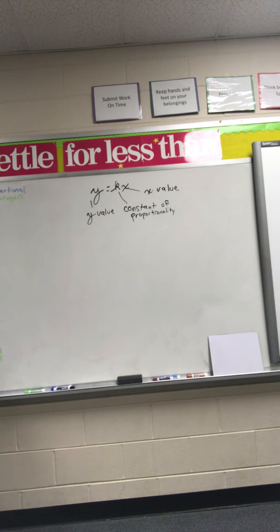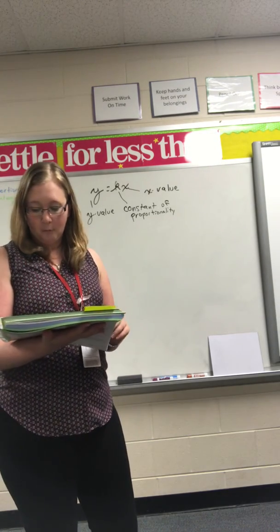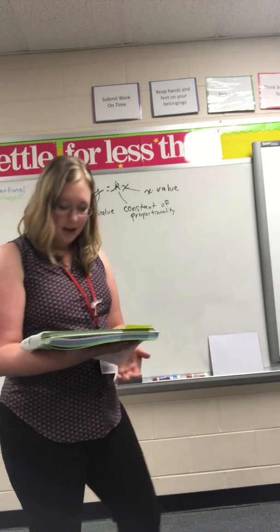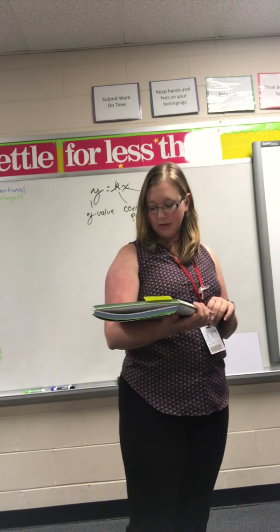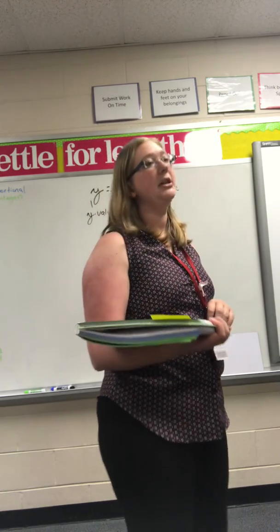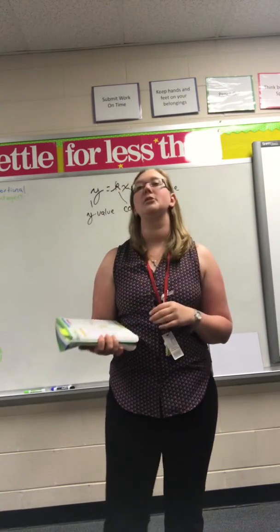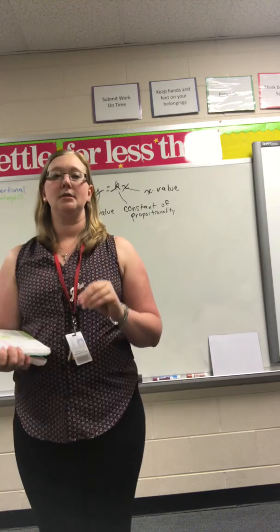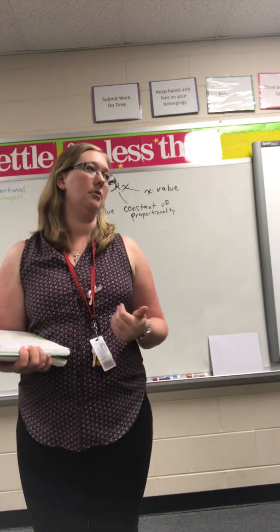Page 82, example 1. On page 82, example 1, we have a graph. And that graph is looking at the height of water as the pool is being filled. We are asked to determine the rate in inches per minute. So it wants to know in each minute how much water is going into the pool.